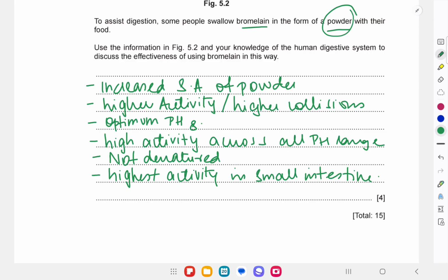So you can write any 4 points from all of these points to get full marks in this question.